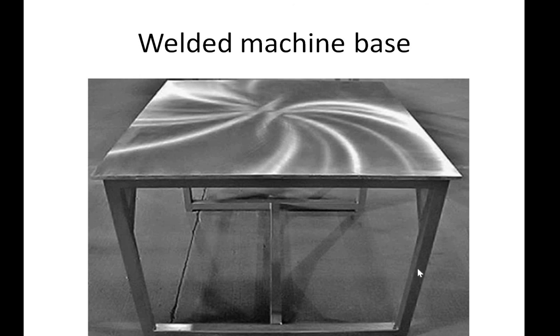It can be bolted to the ground, to the floor, after leveling. After leveling you can bolt them together, and on this the machine can be placed. So it is a pre-made welded steel base.